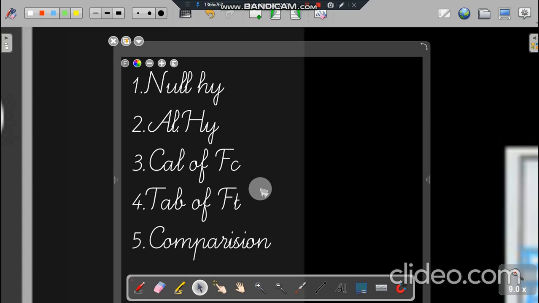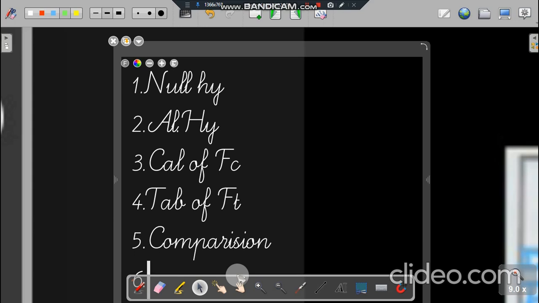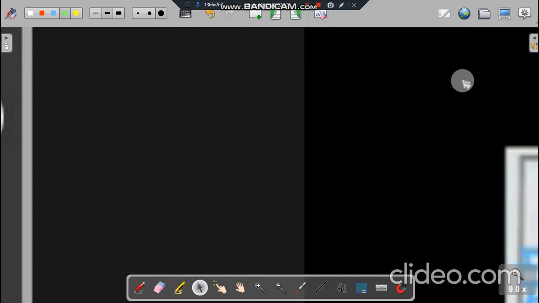Our last step, which we have studied already, is the conclusion. So these are the steps in any test of hypothesis, and they apply here also.